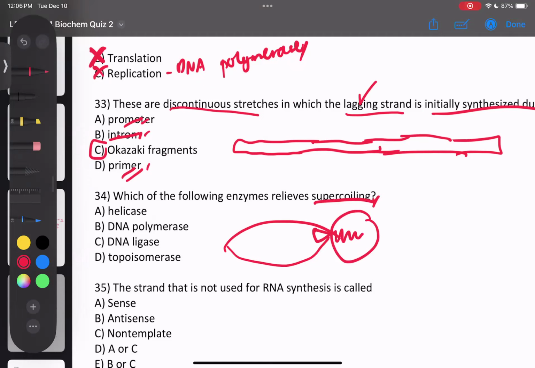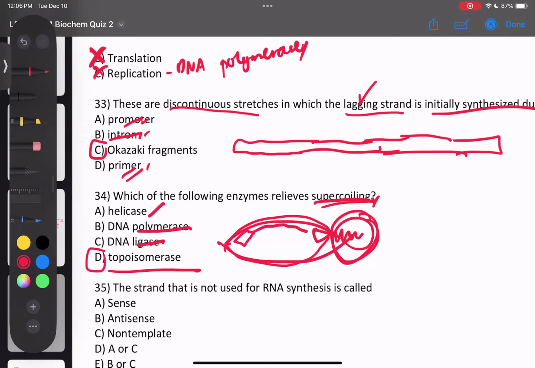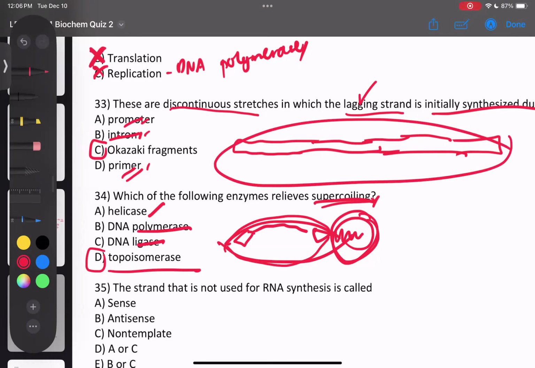So to prevent supercoiling and avoid the danger of DNA falling apart, you need enzymes called topoisomerases to stabilize that area. Okay? Helicase is the one which actually makes the replication bubble in the first place. Polymerase is the one that carries over from the primer. And ligase, I already told you how it operates on the Okazaki fragments earlier.